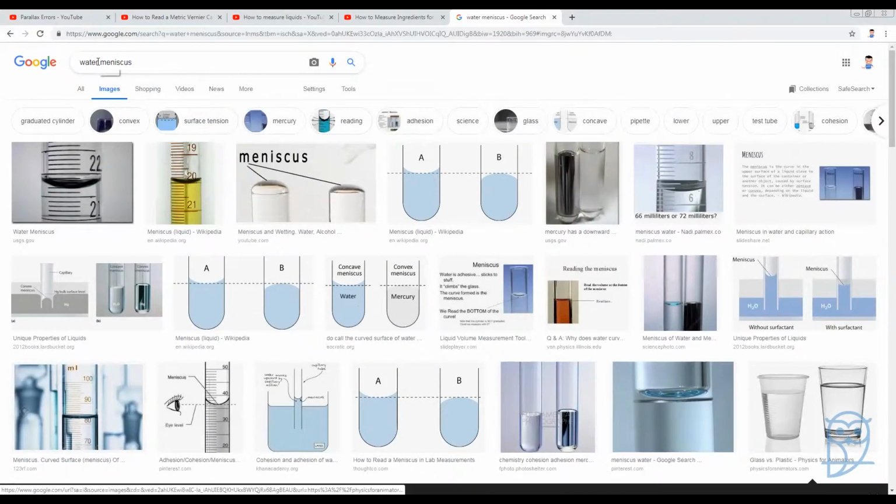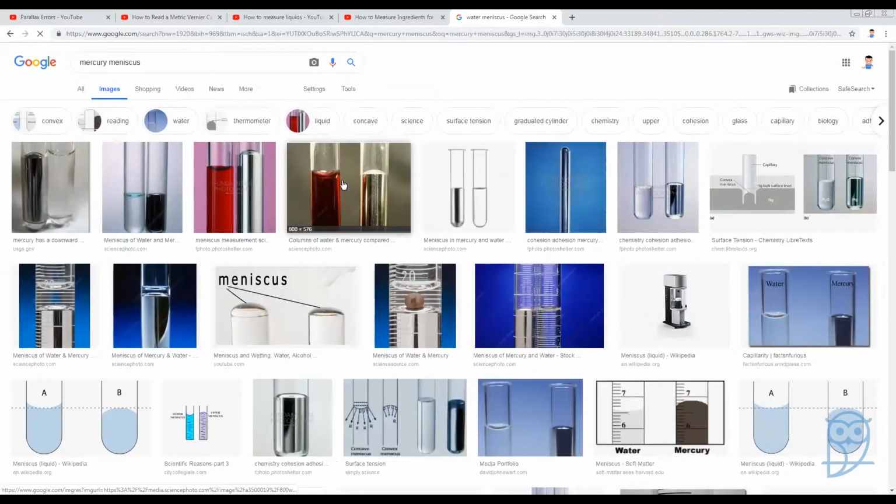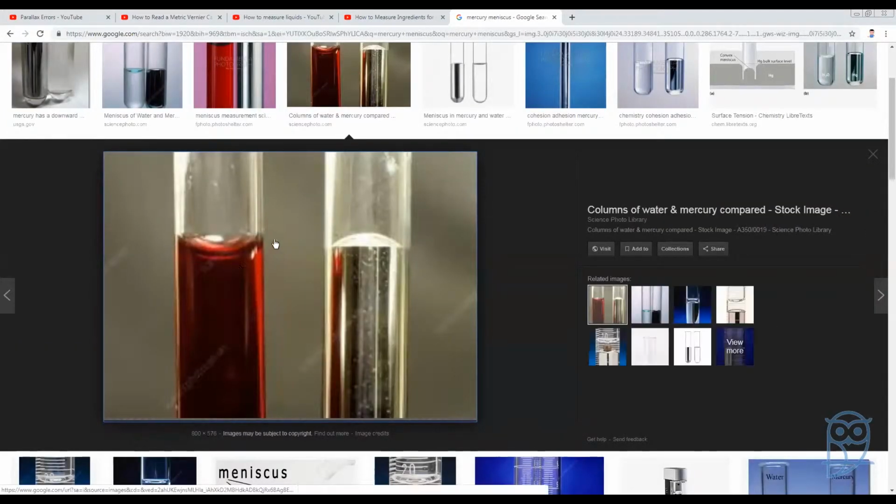Now, instead of looking at water, I am going to look at mercury. Here we've got some water, and here we have mercury. What mercury does is it's more attracted to itself than it is to the glass that you've poured it in.